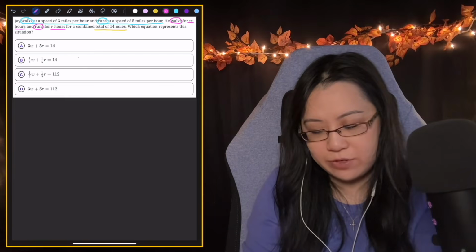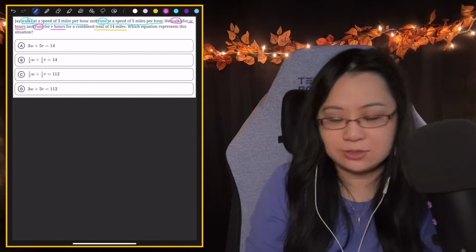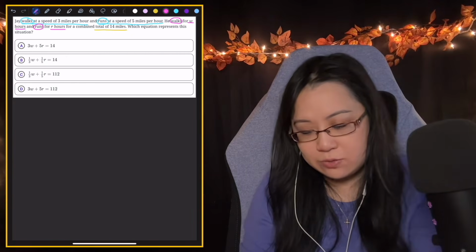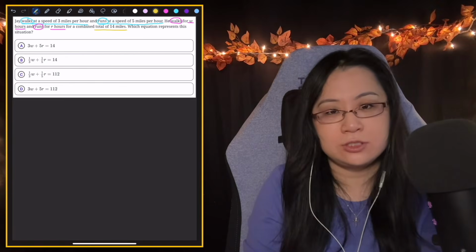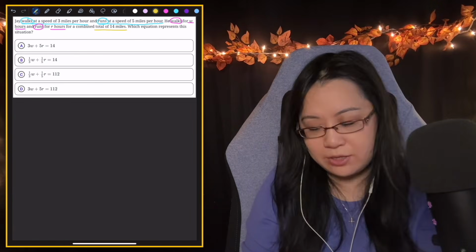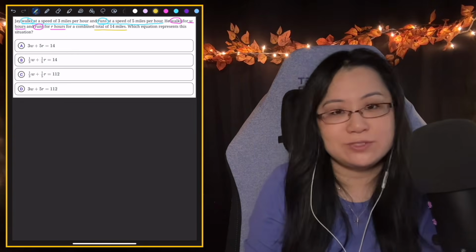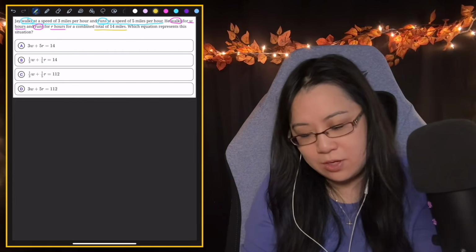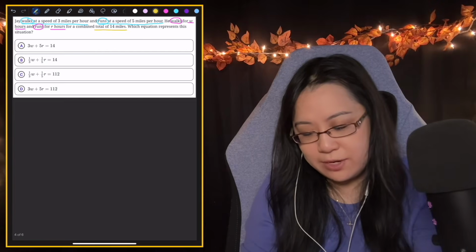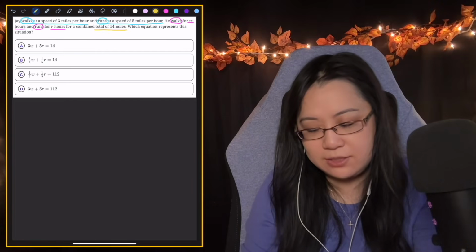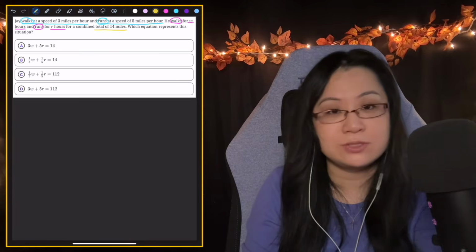So then the question is, which equation represents the situation? So we have multiple choice answers again. So let's just come up with an equation on our own and then take a look at the answer so that we don't get confused or influenced. So here it says we have some speeds, times, and total distance.